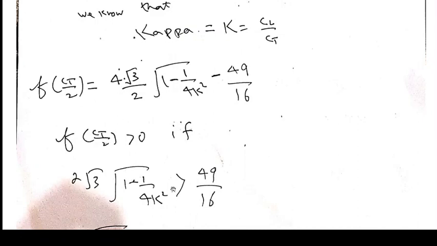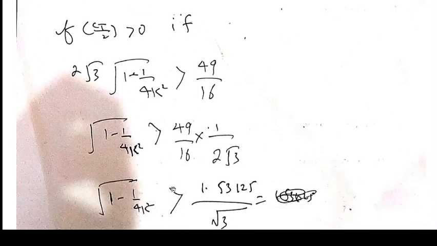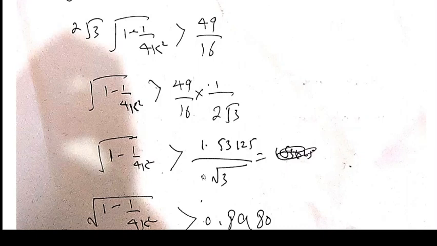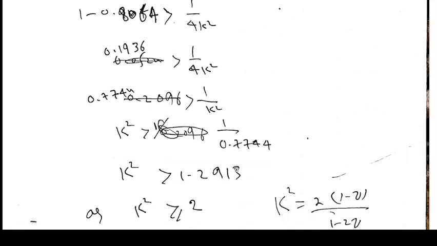You can simplify this like this, then you will have this. At the end you will have kappa square greater than 1.2913. It means that you can write kappa square is greater than 1.3. Now let's see whether this holds or not.